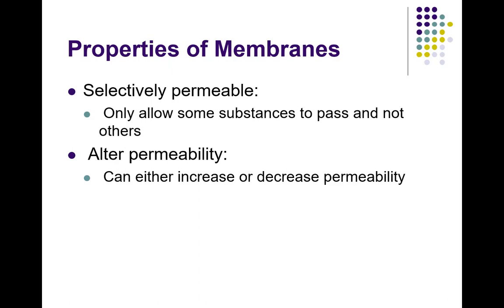So there are things that can either increase or decrease permeability. If you open up a whole bunch of channels, that could increase permeability. If you close a bunch of channels, that can decrease permeability. Or if you add liquids to the surface of a cell, that could decrease permeability. So there are all these things that can alter the permeability of our cells.